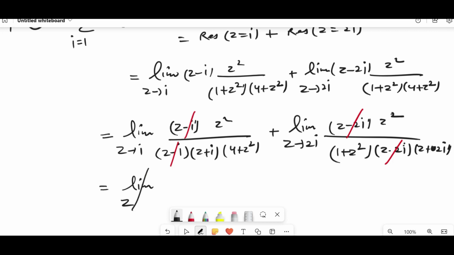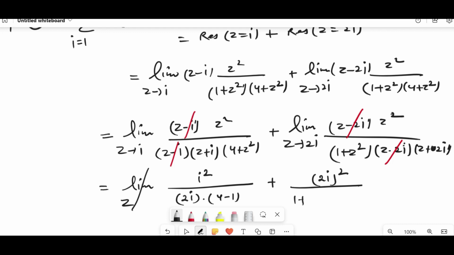So now further this value is equal to the limit. Now we can put the limit here: i square over i plus i, that is 2i, multiplied by 4 minus 1, plus 2i whole square over 1 plus 2i whole square, and 2i plus 2i, that is 4i.